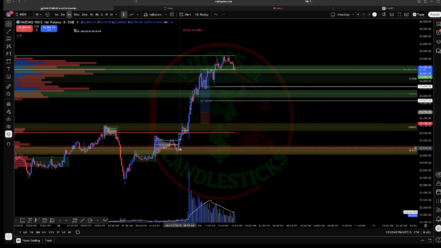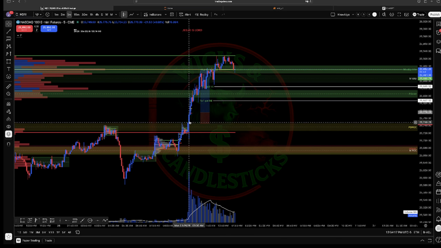And I'm seeing already around this monthly POC, we were in a balanced market and then we became unbalanced. Just a small unbalance. And then we became balanced again around our previous day POC. And so this is letting me know there's a strong possibility that we are going to go up to my monthly value area high, because this was acceptance.